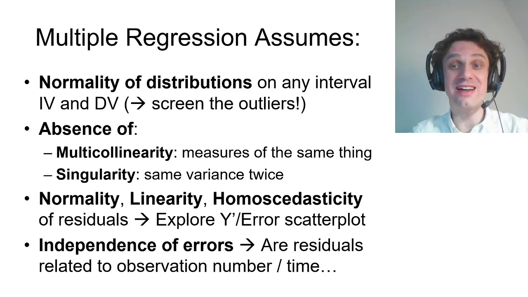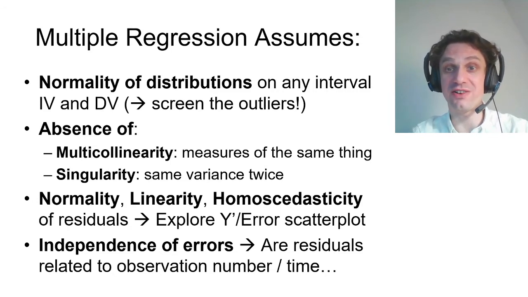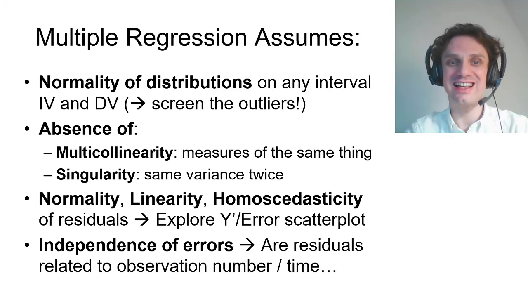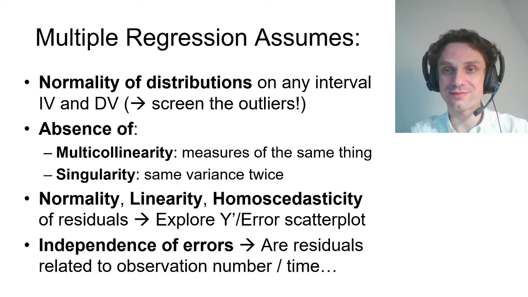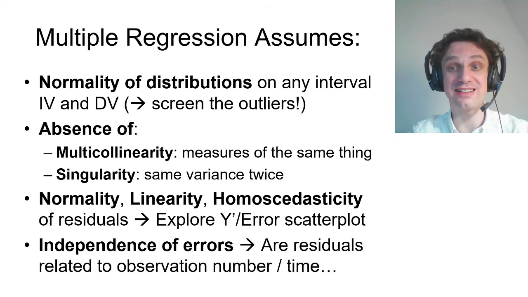What are the assumptions of multiple regression? Well, first of all, normal distributions of predictors and the dependent variable, then absence of variables that are redundant.